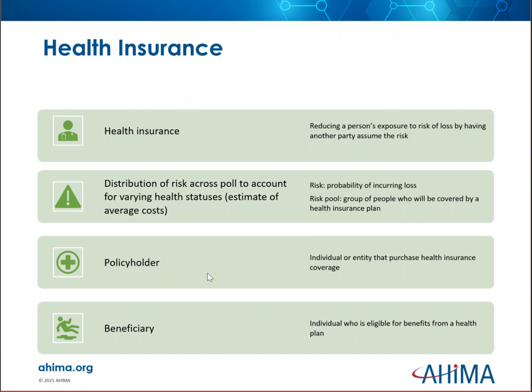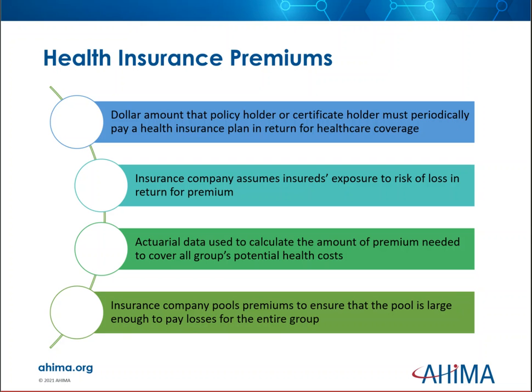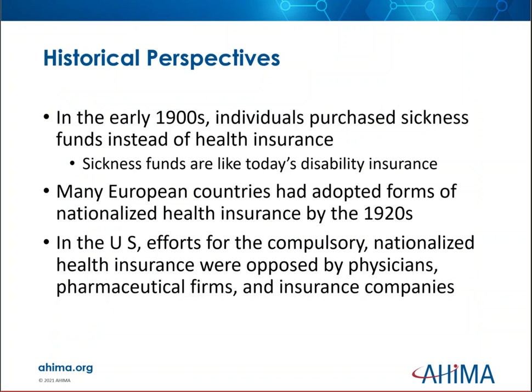More terms that you need to understand: health insurance, policyholder, and beneficiary are just some of those terms. Information on health insurance premiums, and then it delves into the historical perspective, which again is very important so that you understand how we got to where we are in the United States currently.